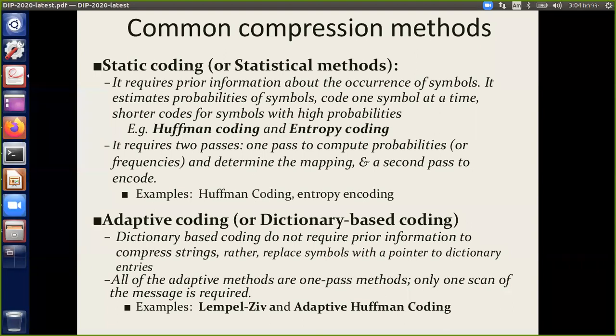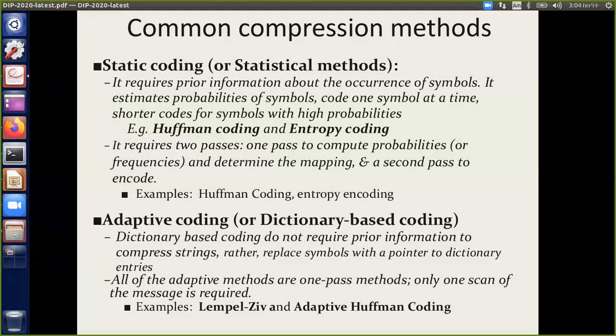Static codings are a two-step approach. They are using statistical information behind the scenes during compression. Given textual data or image data, the first step for static coding is collecting information about the probability of appearance of every symbol.